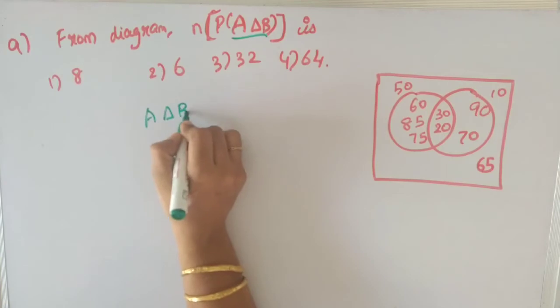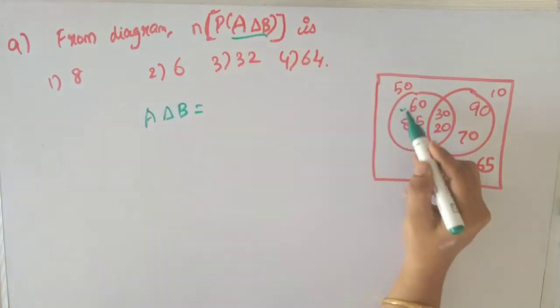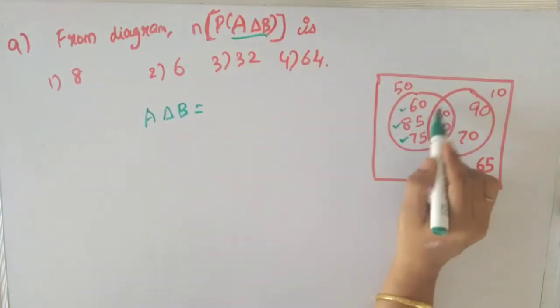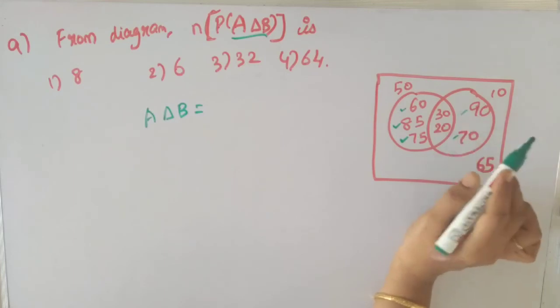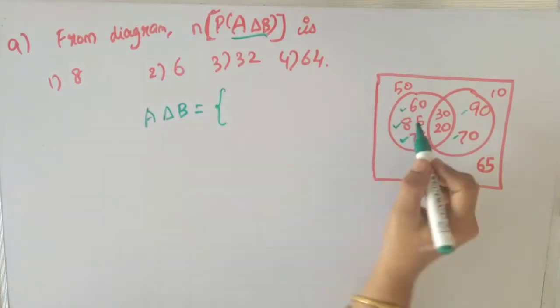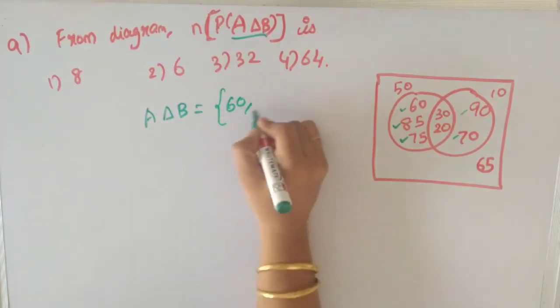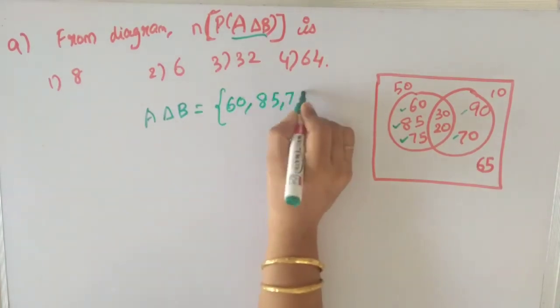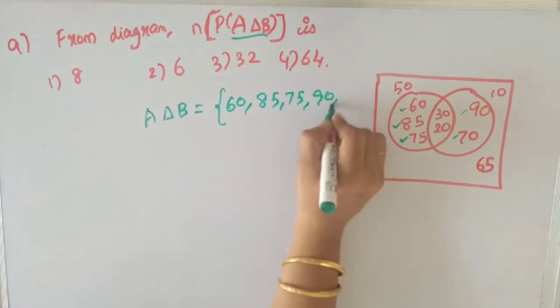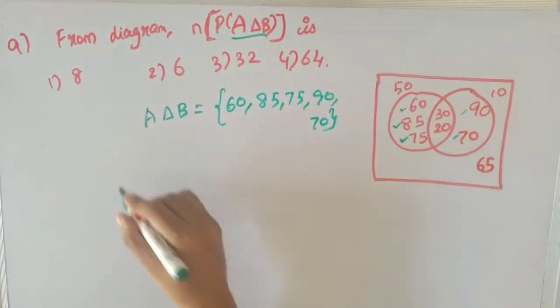Here from the diagram we have to find n(P(A symmetric difference B)). Now we can find what is A symmetric difference B. It is nothing but full A and B except the A intersection B part. That is 60, 85, 75, 90 and 70.